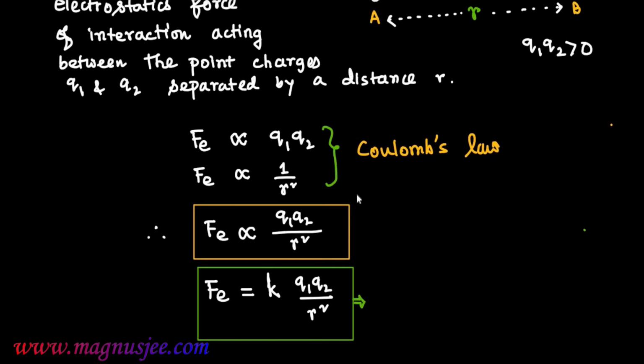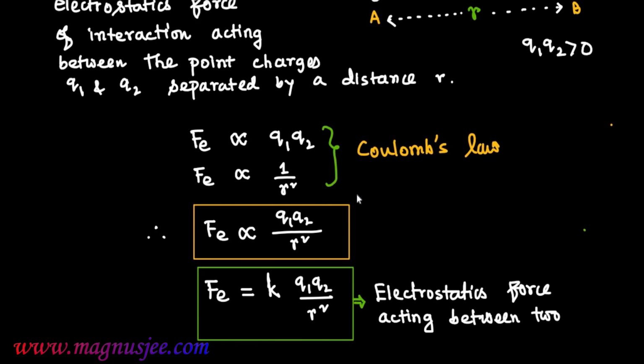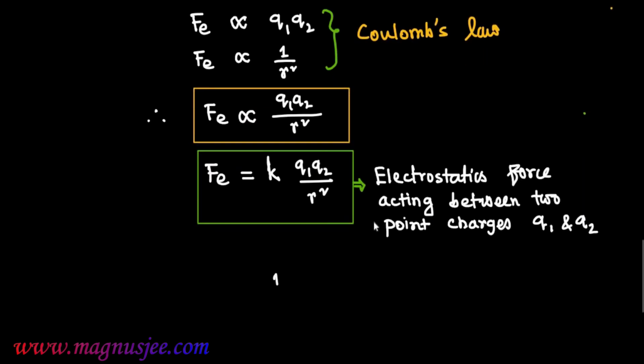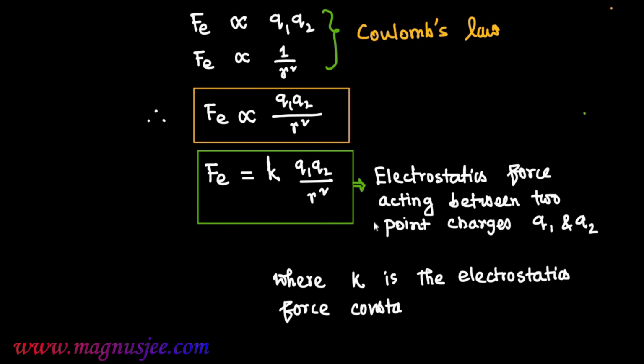This is the expression of the electrostatic force of interaction between the two point charges Q1 and Q2, where k is the electrostatic force constant.